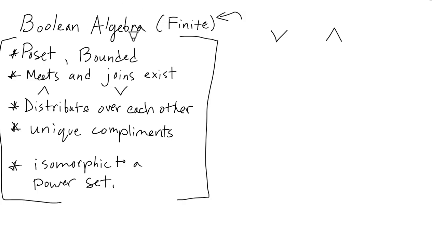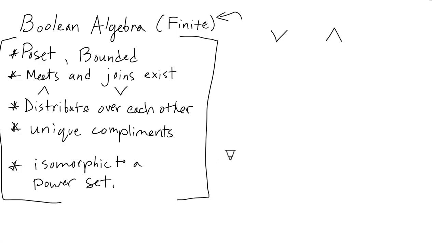So a Boolean algebra, you could think of it as a poset, a partially ordered set that has a top and a bottom. You can always meet and join any two elements, and meets and joins distribute over each other, and there's a unique way to get complements. Anything with those properties actually gives us something that's like a power set.